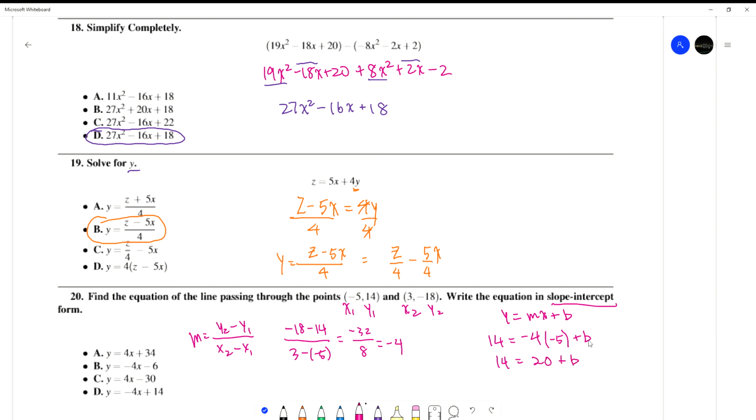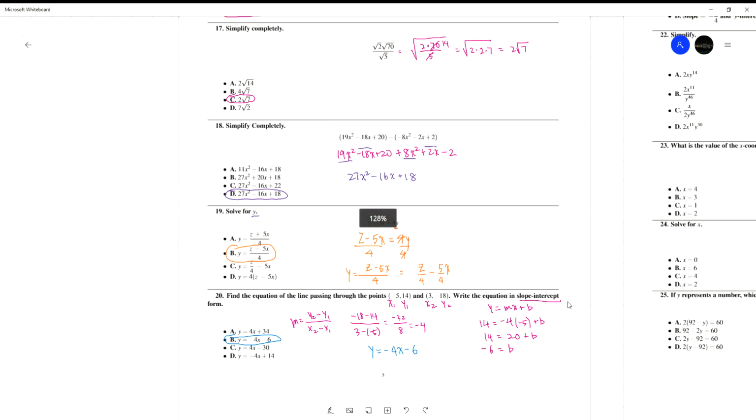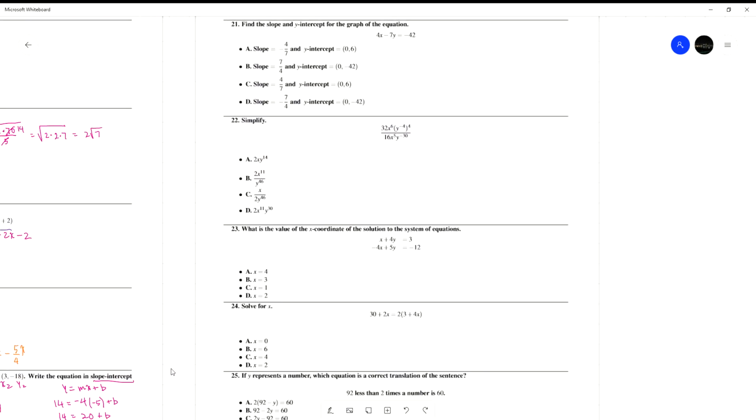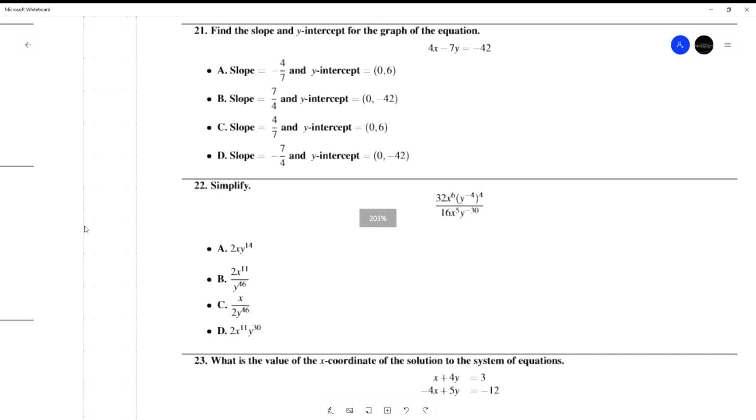And then lastly, we have to subtract 20 on both sides. We get negative 6 is equal to b. Okay, so what's the equation of the line? We have, I'll write it in blue, y is equal to negative 4x minus 6. And that means answer choice B is the correct answer. All right, we have 5 more problems left.